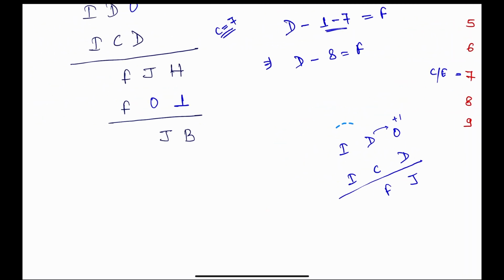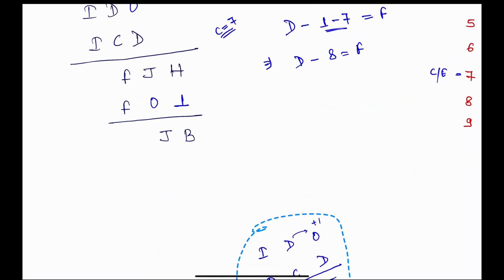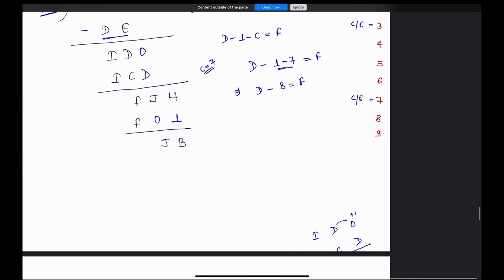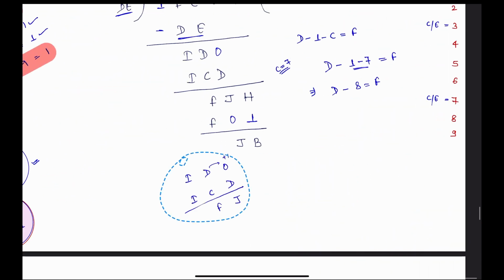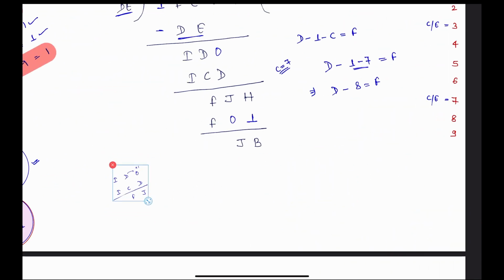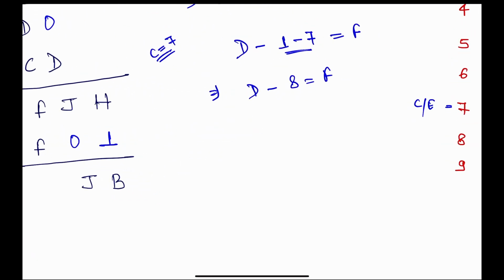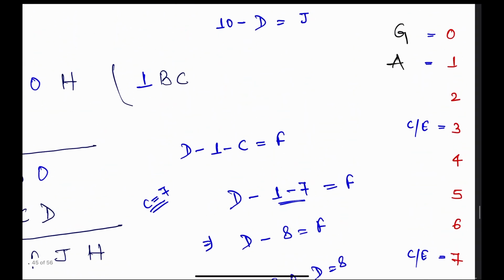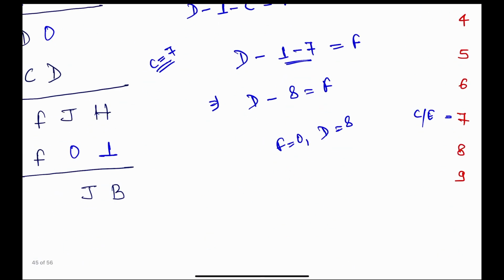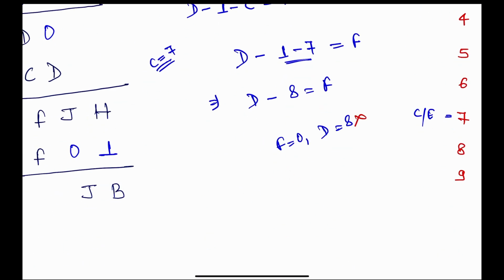If I look over this equation, what I can say, let me resize it a little bit, keep it somewhere else. What are the possible values of F? So if F equal to 0, then D equal to 8, right? But F cannot be 0 as G is already 0. So this is also not possible.